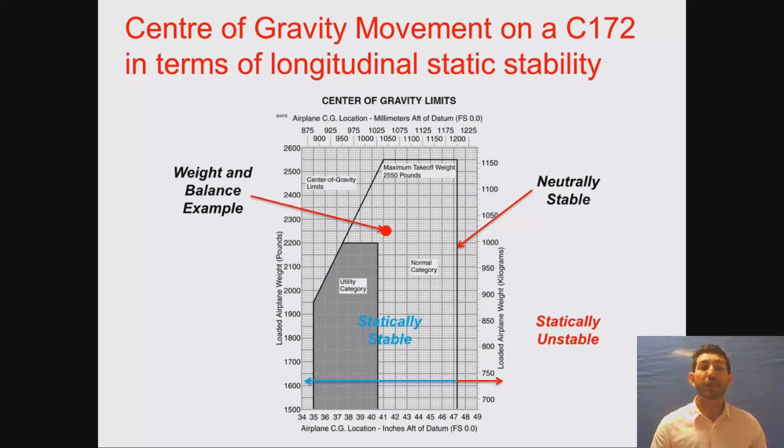You can see from the weight and balance example that this aircraft would be cleared to fly. But think of this as an iterative design change. If you were to make some changes to this aircraft, say if you changed the size of the wings or the aerofoil type, or if you changed the tailplane, how would that affect the static stability characteristics of this aircraft?